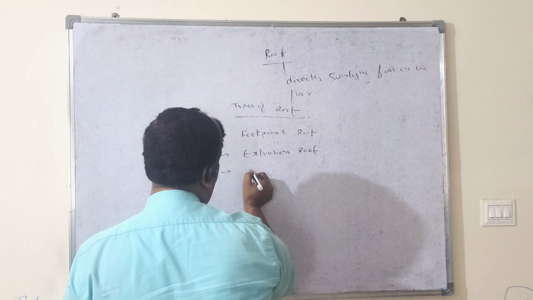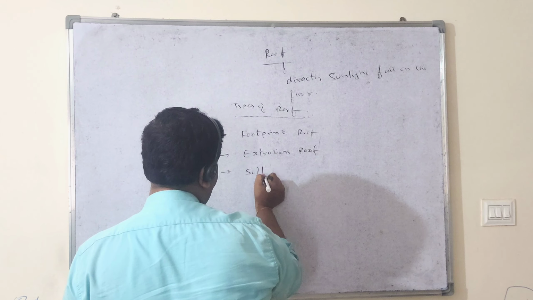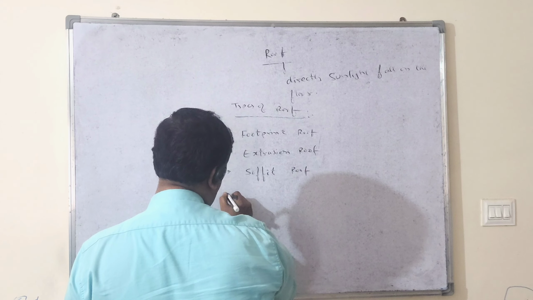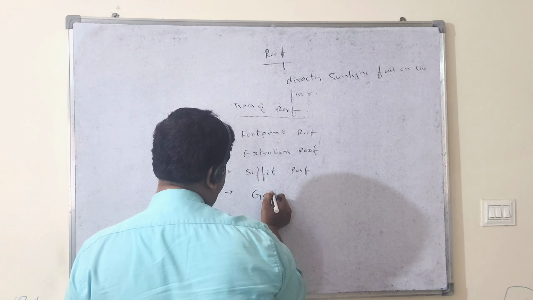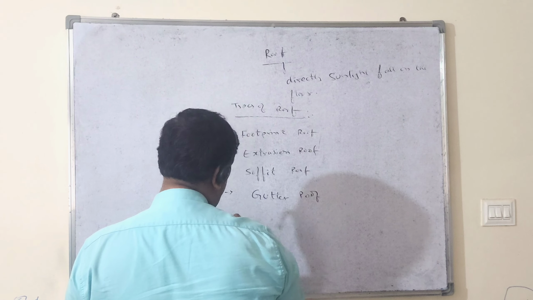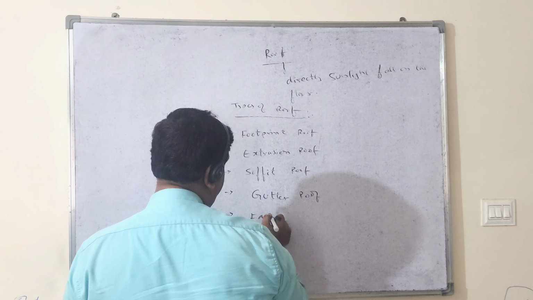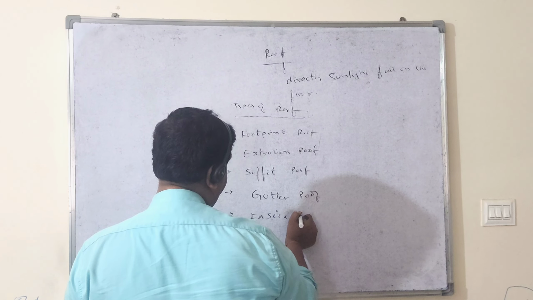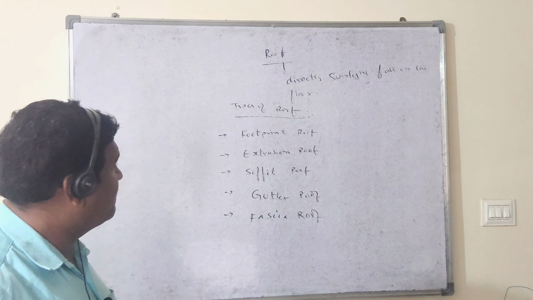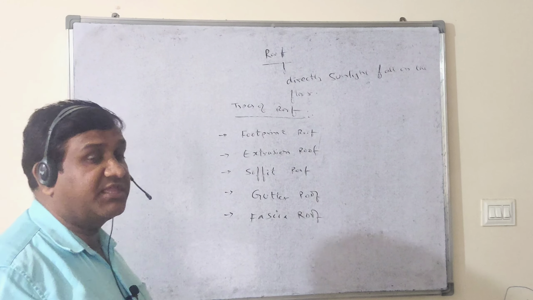And there will be a soffit roof. There will be a gutter roof. There will be a fascia roof. So these are the types of roofs we are going to design in a project.